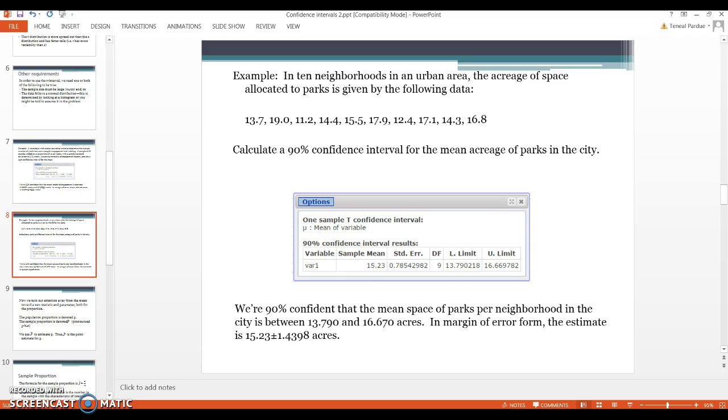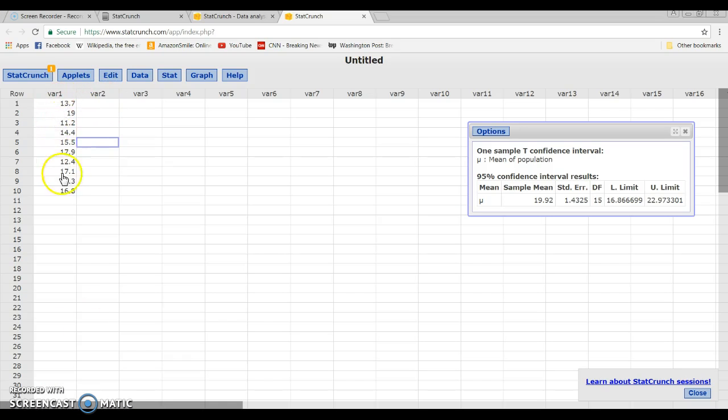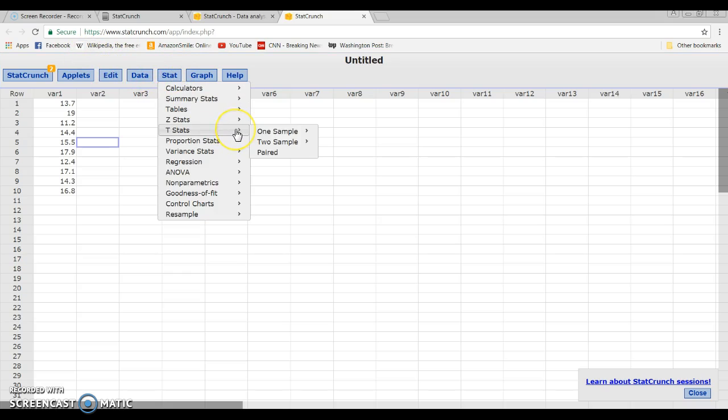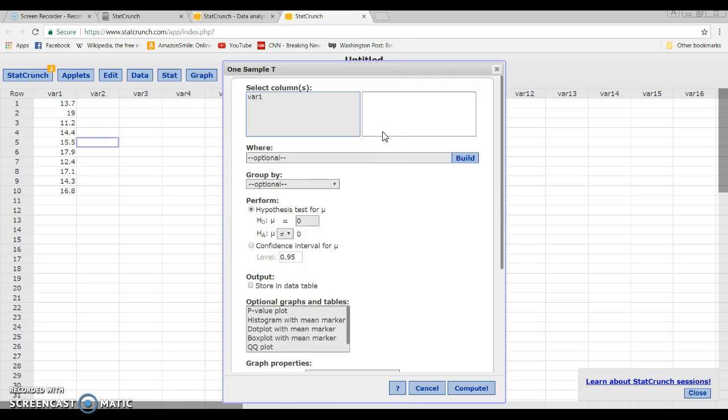All right, so if we go to StatCrunch, I already typed this data in. We just have to go to Stat, T Stats, One Sample, this time with data. So we pick our data. We want a confidence interval, and we want a 90%.